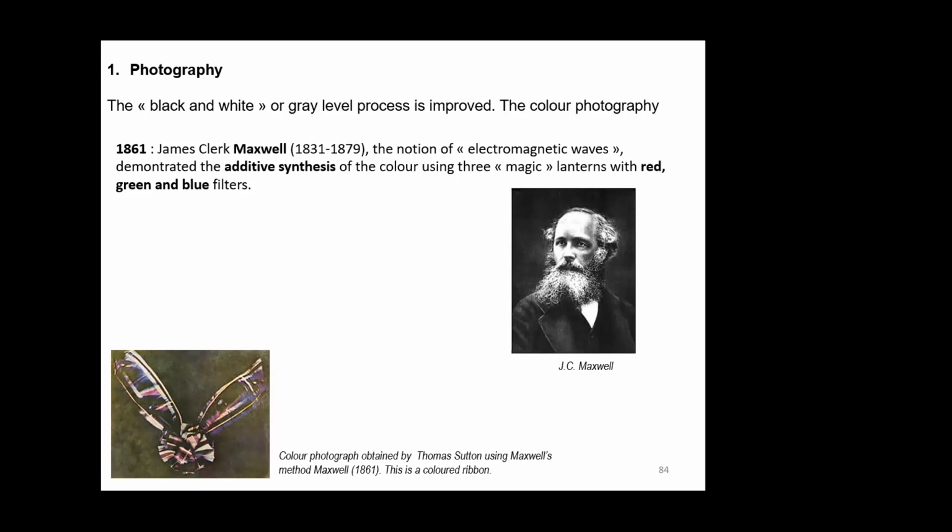But in 1861, a British physicist, Maxwell, who is well known because we know the electromagnetic waves of Maxwell, demonstrated for the first time the additive synthesis of color using three what we call magic lanterns with red, green, and blue filters. So it's the first use of the red, green, blue color composite, and it is due to Maxwell.